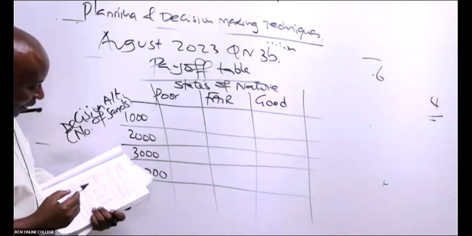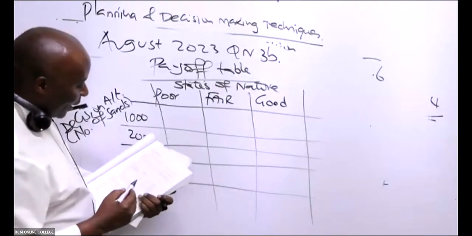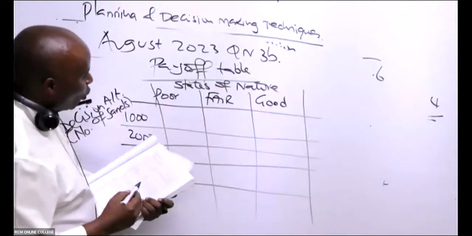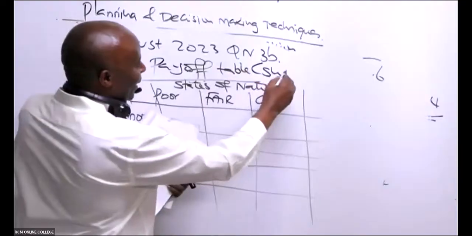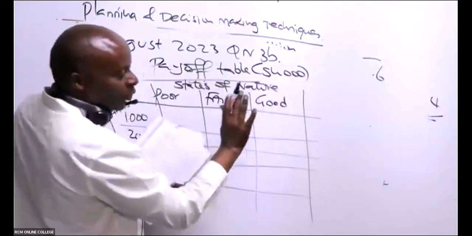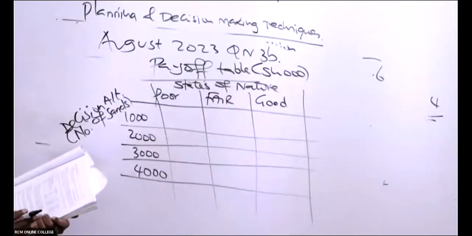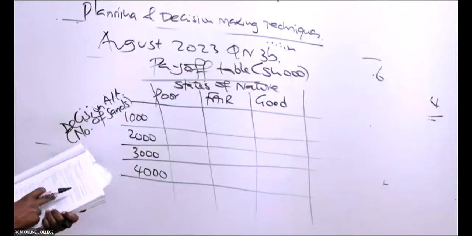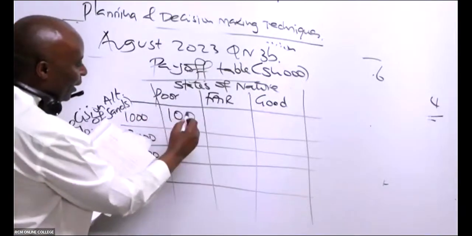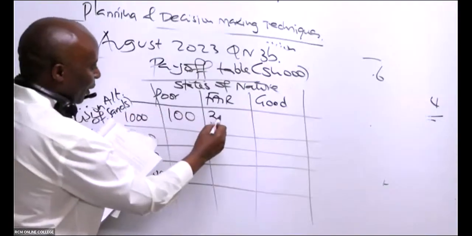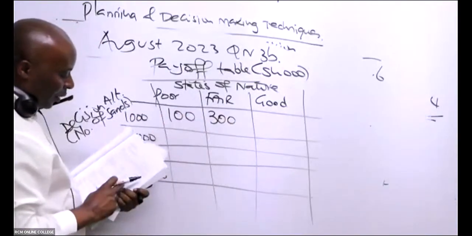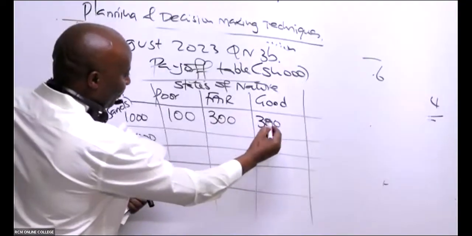Then I have my numbers, and I would want to put them in shillings, thousands, to make my work easier. You cut those 3 zeros, so that the first one, instead of writing 100,000, I simply write 100. Second one will be 300. The third one will be 300.